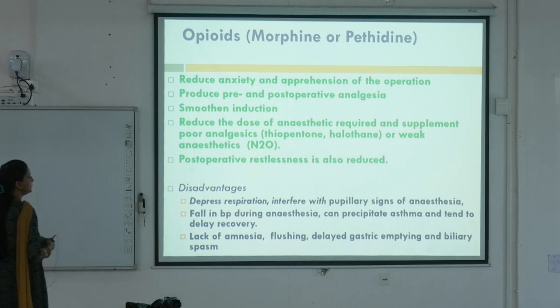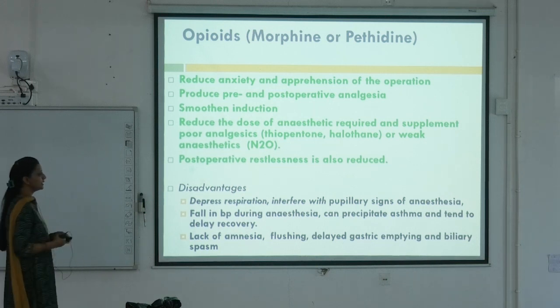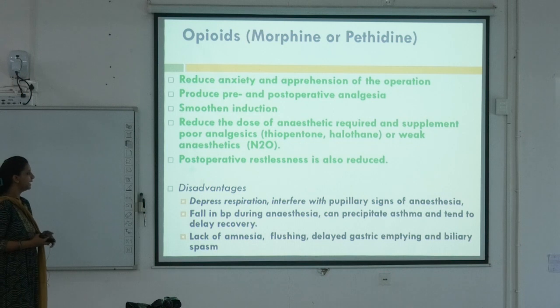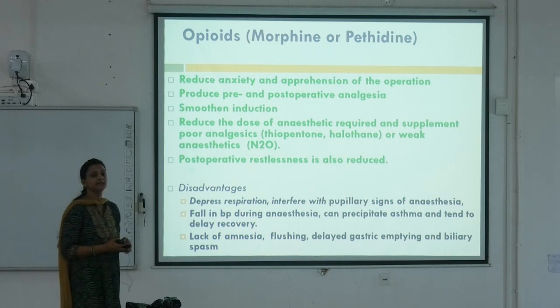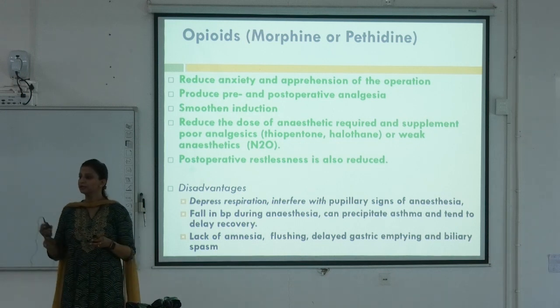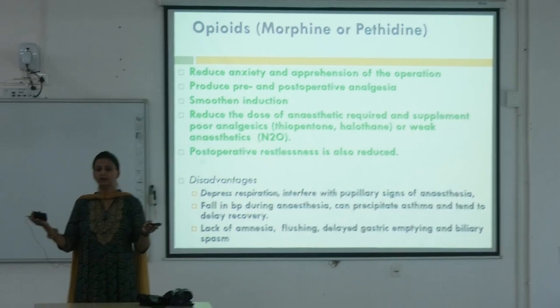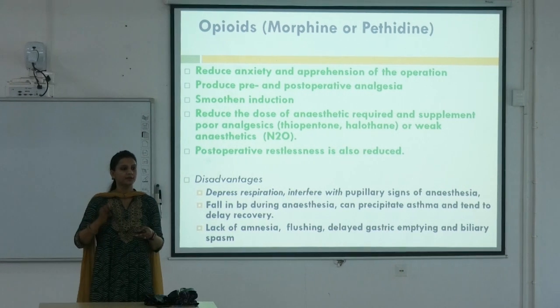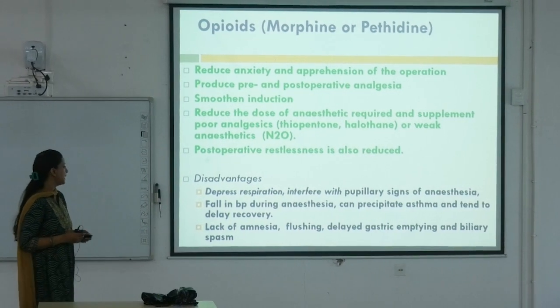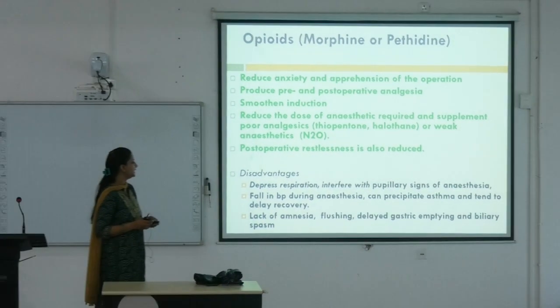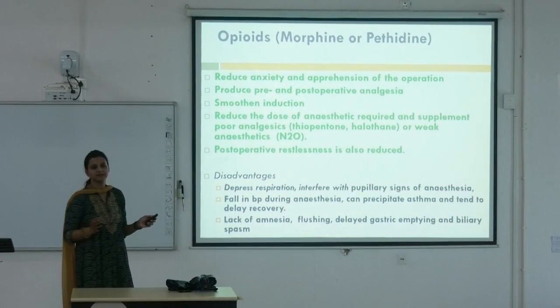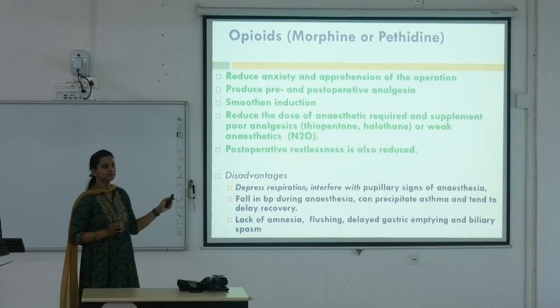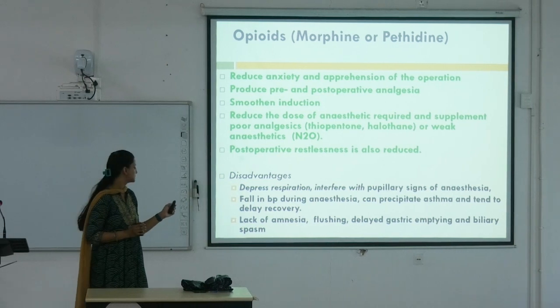There will be fall in the BP during anesthesia and it can precipitate asthma and tend to delay the recovery. Recovery delay করে। General anesthesia দেওয়ার পরে আমি recover করতে চাই after 1 hour, so that will be delayed. Lack of amnesia, flushing and delayed gastric emptying and biliary spasm. These are all the disadvantages of opioids.